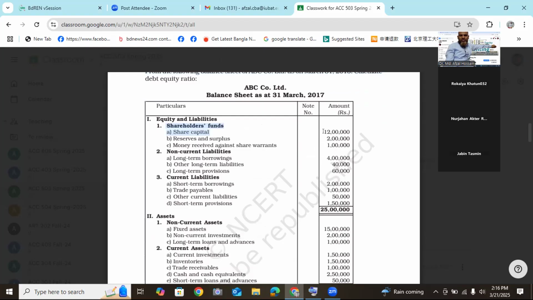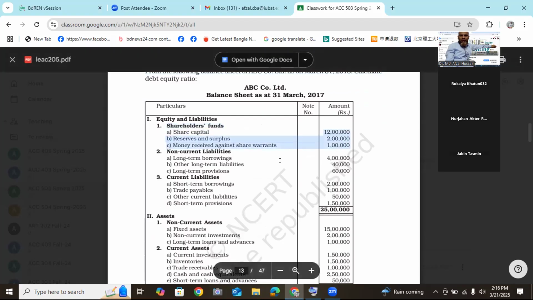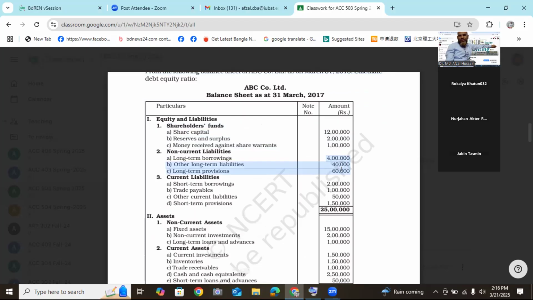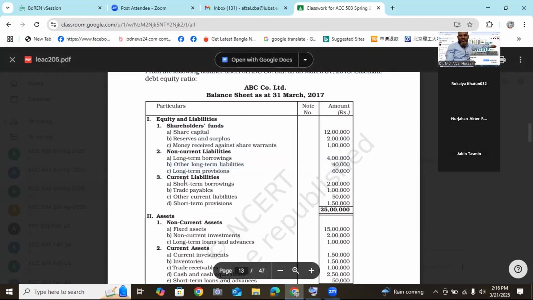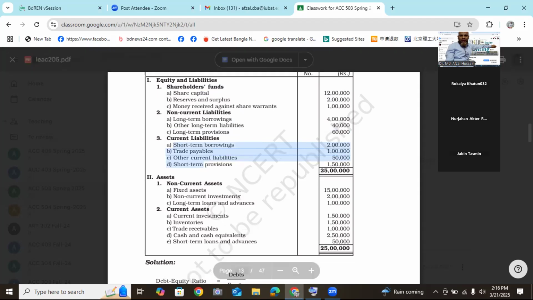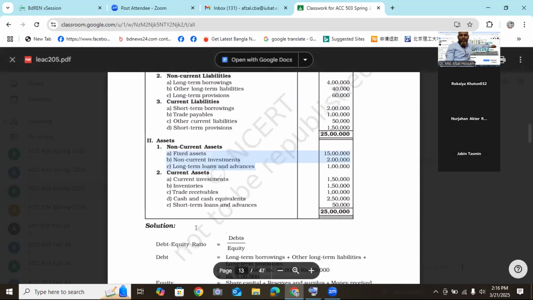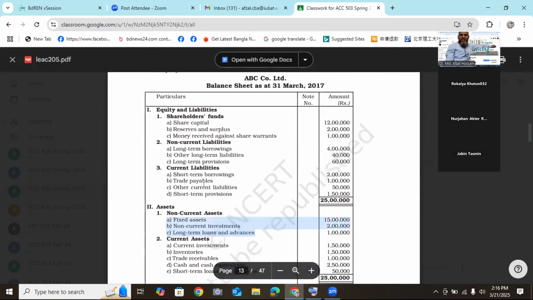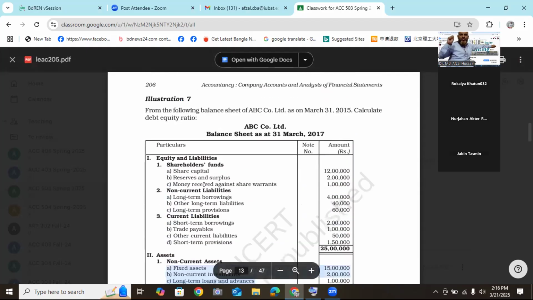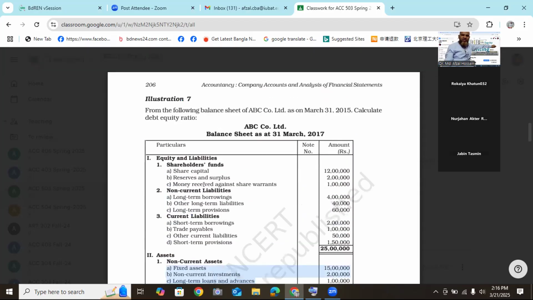These are the non-current liabilities, that means long-term liability, long-term borrowings, and this is current liabilities. Total 225 lakh. And assets: non-current asset, that means fixed asset, long-term asset, and this is current asset. Solution: from this balance sheet, you have to calculate debt to equity ratio.